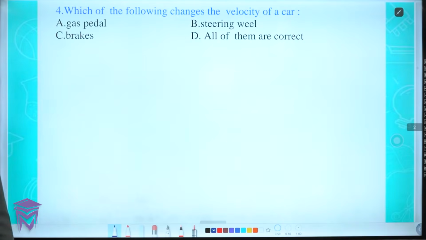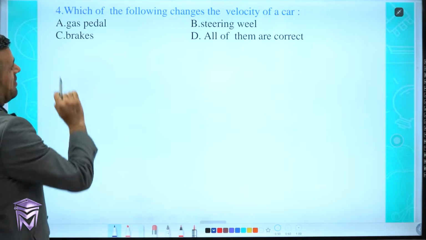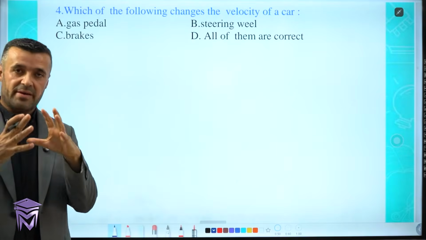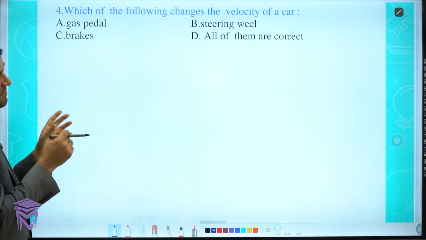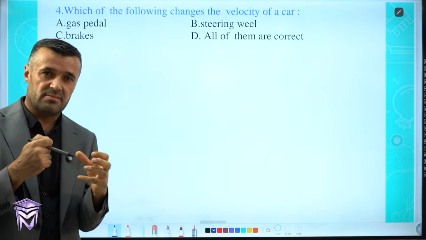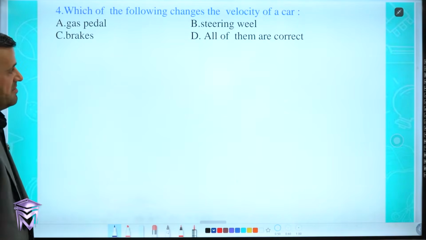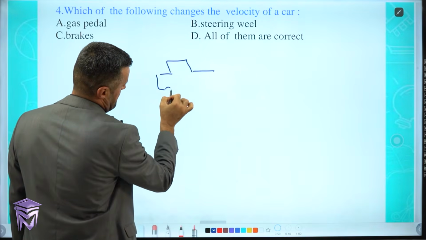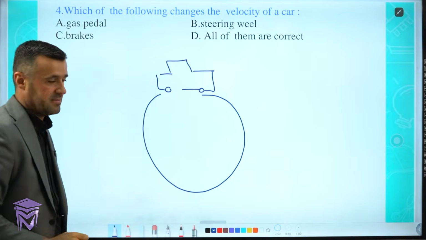After that, I will solve question 4. Question 4 is about chapter 1. Which of the following changes the velocity of a car? When a car moves on a circular track, some factors cause the velocity of the car to change.